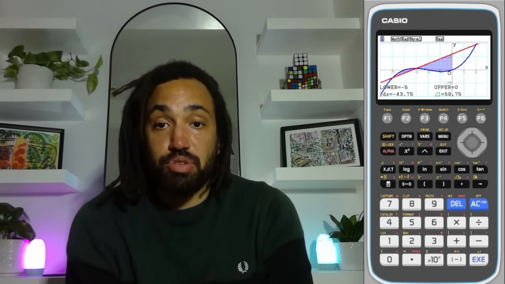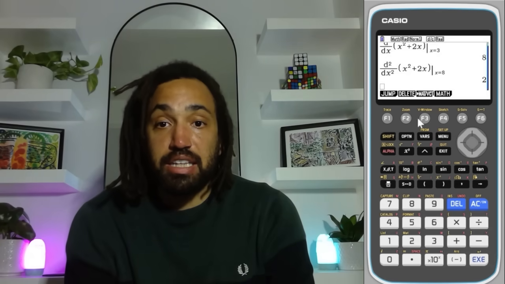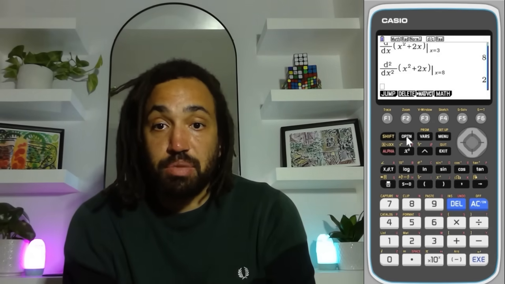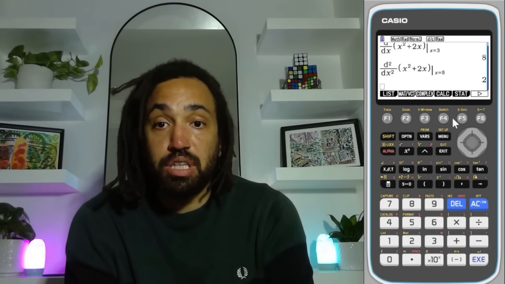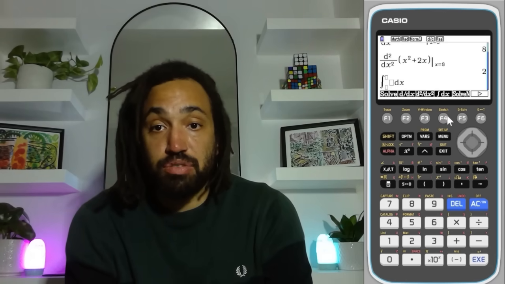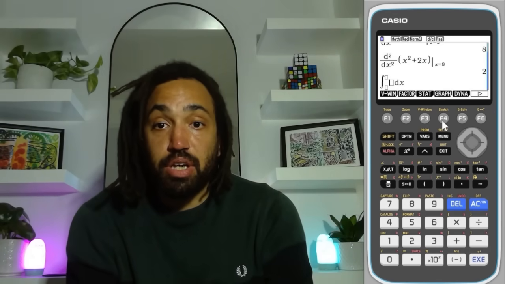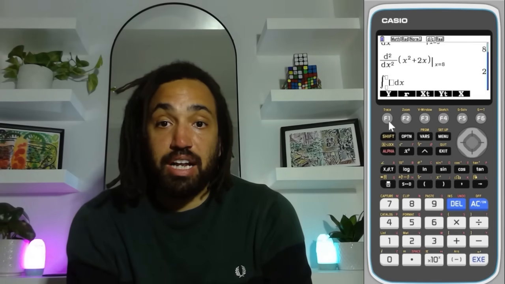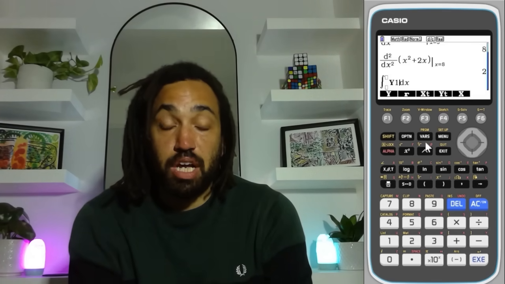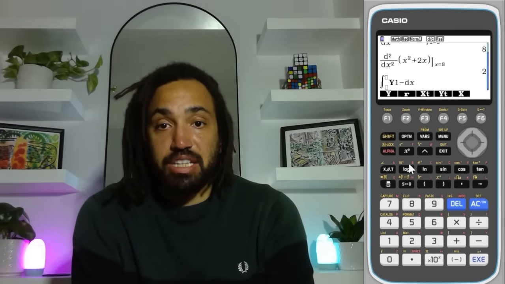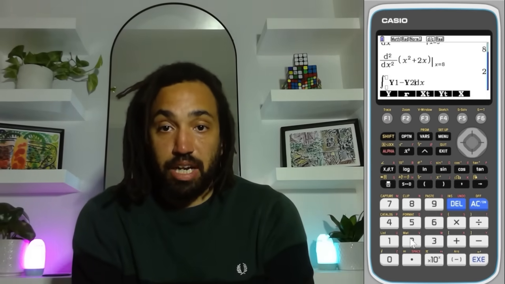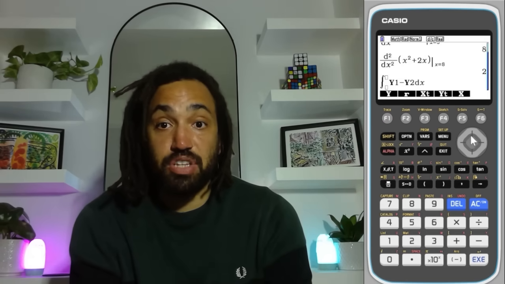Now here's another little trick. What you can do is you can go back into Run Matrix, and there is an integration button which you can find by going to Option and then Calc and then Integral dx, and you could type in a function there, or what you could do is you could press Vars and then you could go to Graph, and y1 would be the cubic, and then I could take away y2, which was the line, and it saves those functions from the graph app.